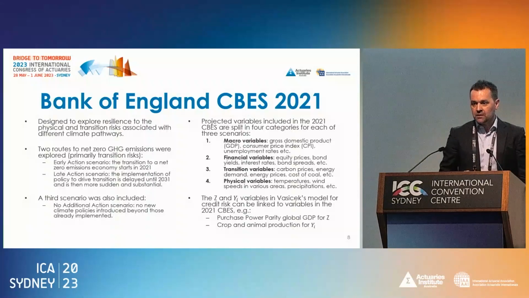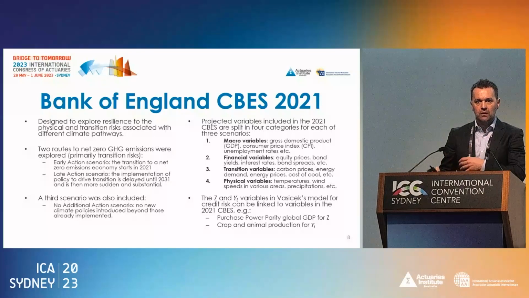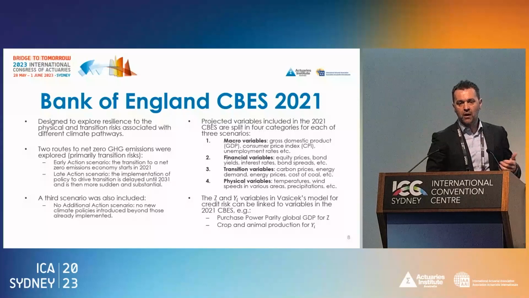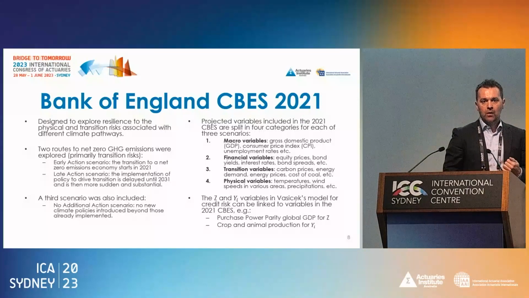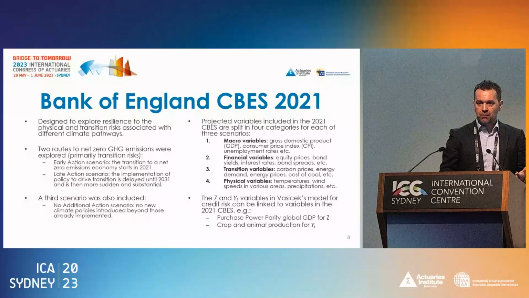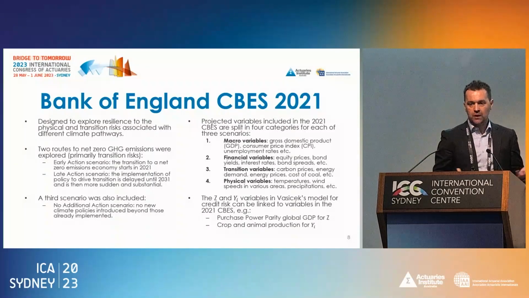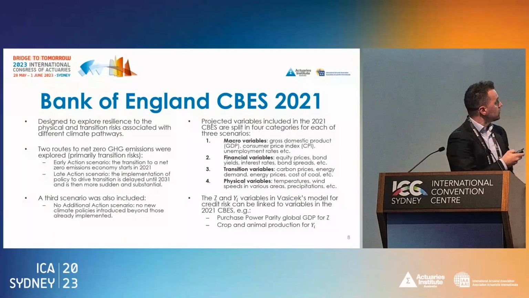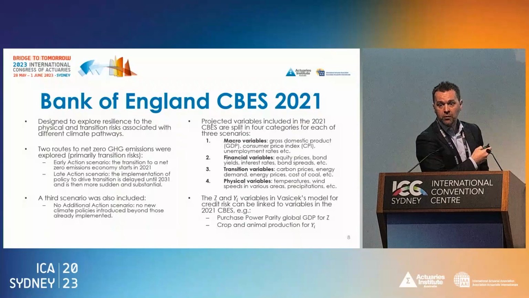When you look at data providers, we have the World Bank providing some data, we have some institutions in Europe, and we also have the Bank of England. The Bank of England produced some incredibly useful scenarios back in 2021 for an exercise across the entire industry, called the CBEST 2021. I'm only going to discuss the grouping of their data.